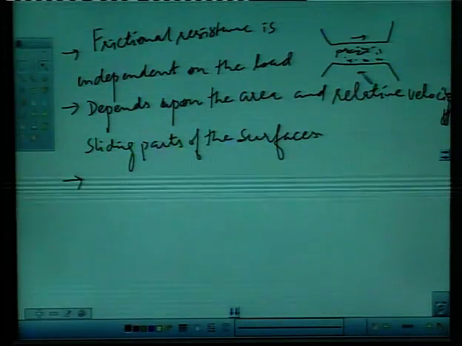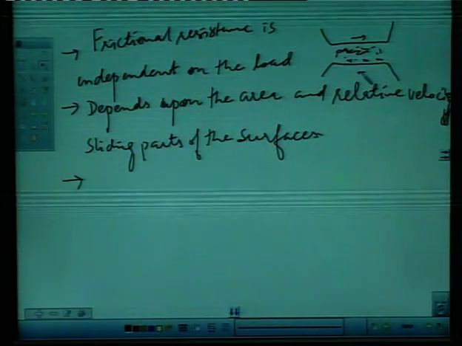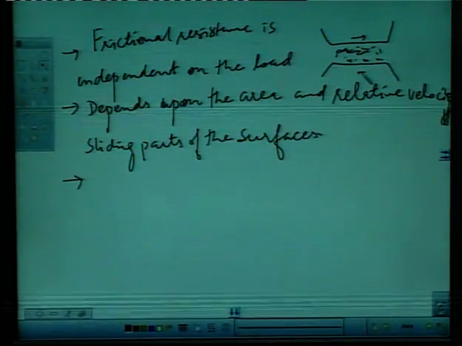Light machines like watches, clocks, guns, scientific instruments are provided with this type of lubrication.